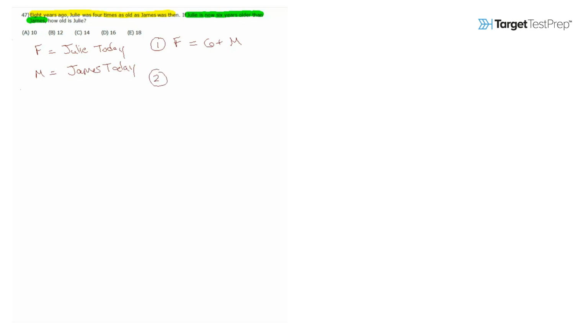And then it's saying 8 years ago. So we have to subtract 8 years from Julie's age. And she's 4 times as old, so she's the older one. So we're taking James, who's younger, subtracting 8. And then we're just simplifying.